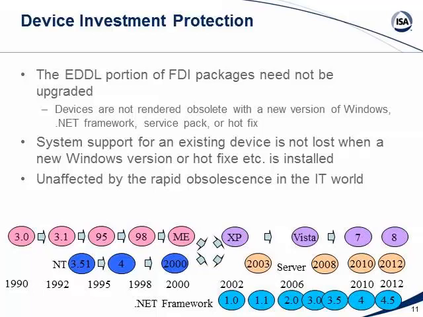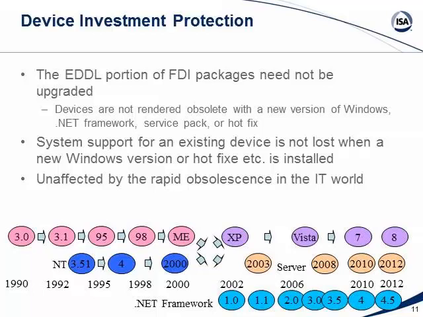Those effects, we don't want to have that. You will not see such an effect using the FDI package. This is independent of Windows, the .NET framework or whatever is used as an underlying system. I'm just talking about this device package, not the common host element.